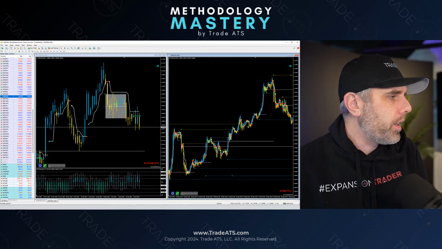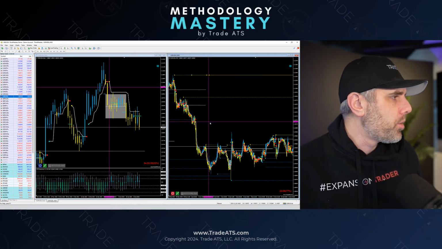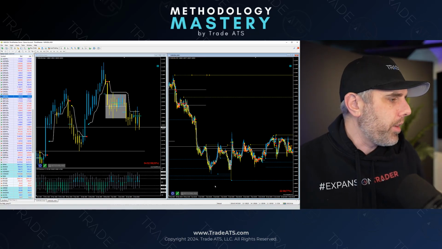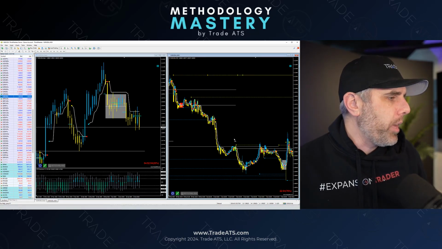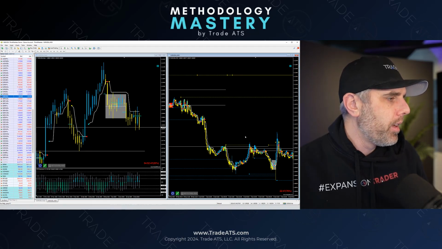So from that point, which was back right here, we have these master patterns forming on the lower time frame. And we have the expectation that the flow of money is going down based off of this kickoff inefficiency and the fact that we're trading below ATS trend.